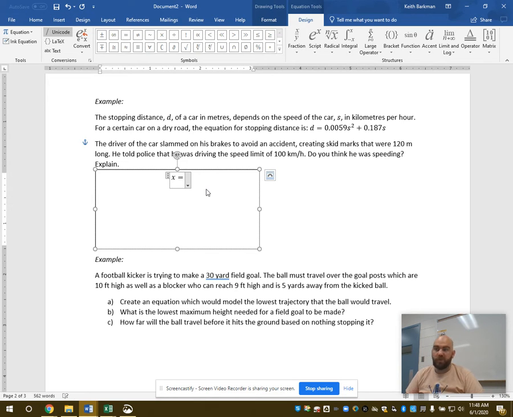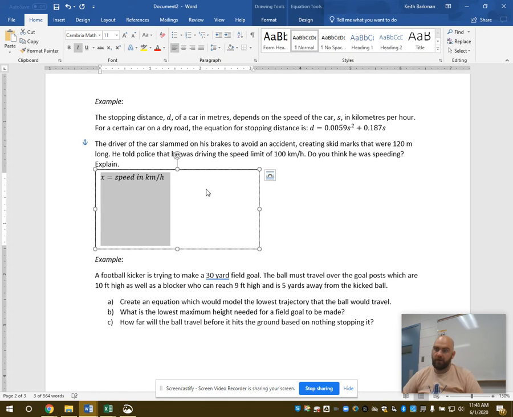Now we're going to switch our d and s into x and y because it's easier to use decimals for that. So x is going to be s. X is going to be the speed in kilometers per hour.